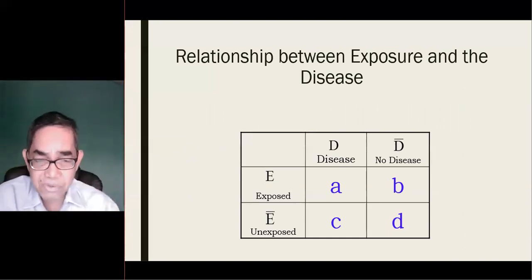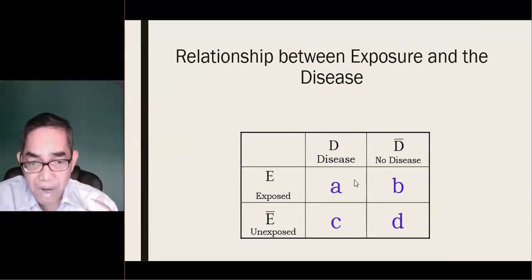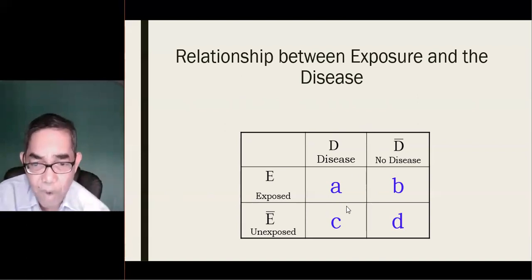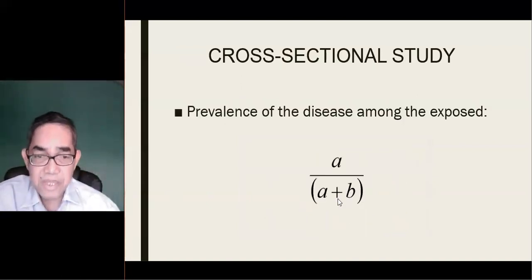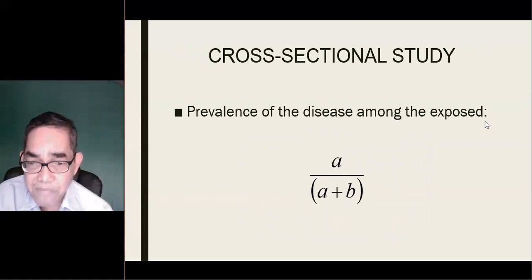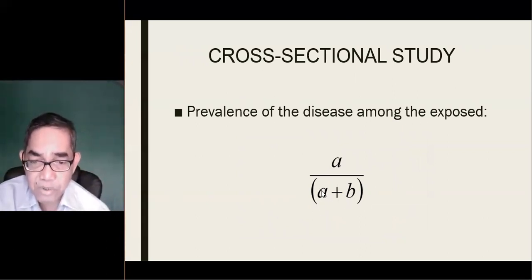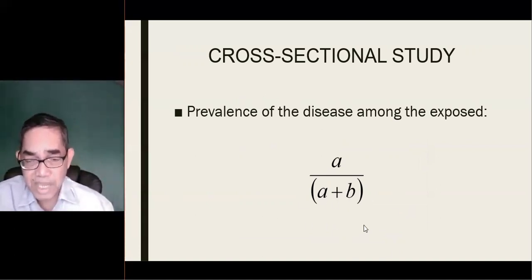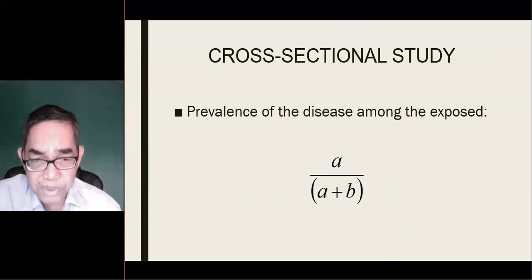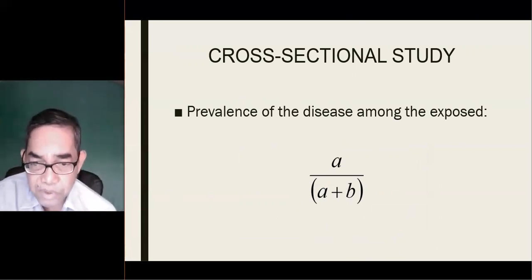So let's go back to this table, this 2x2 table. Because I want you to understand the formula later on when we talk of the prevalence of the disease, having this in mind. So this is the prevalence of the disease among the exposed. To understand this formula, we need to look into the denominator. The A and the B are people who are exposed.